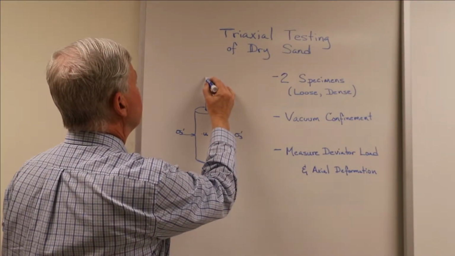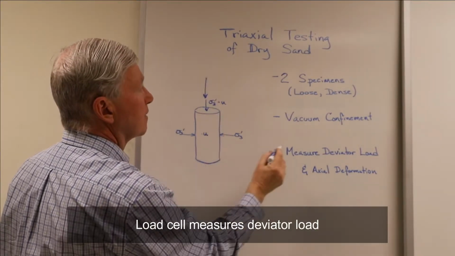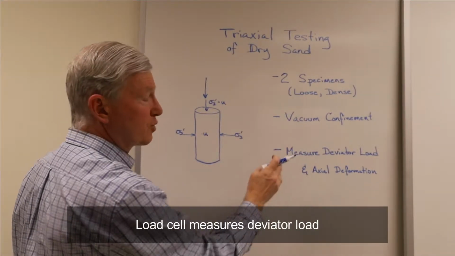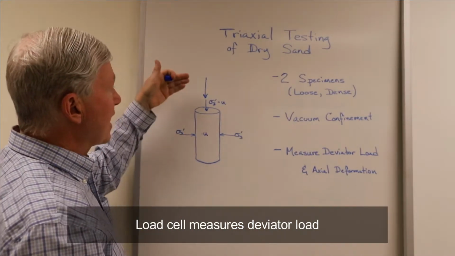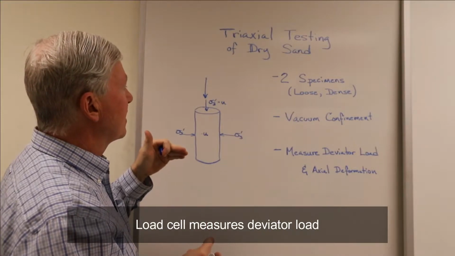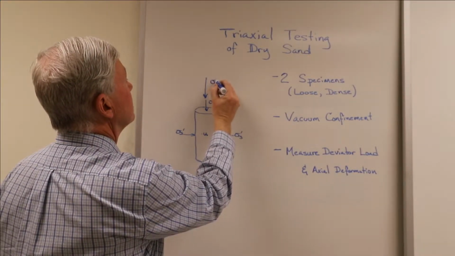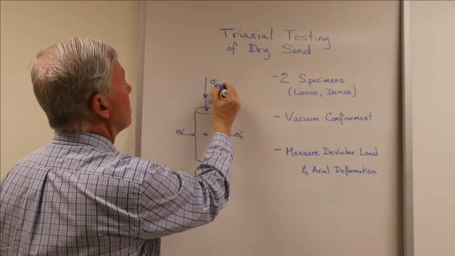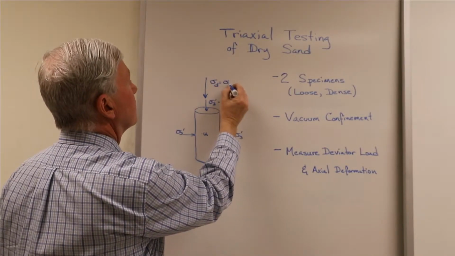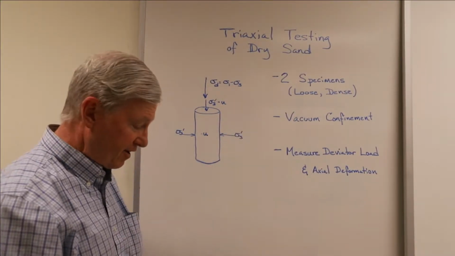But in addition, when we go to compress it, we're going to be measuring a deviator load. We're going to have a load cell that's going to show us how much extra force it takes to squeeze the sample. And so we're going to convert that to a deviatoric stress, sigma deviator equals sigma 1 minus sigma 3, by knowing the sample area.